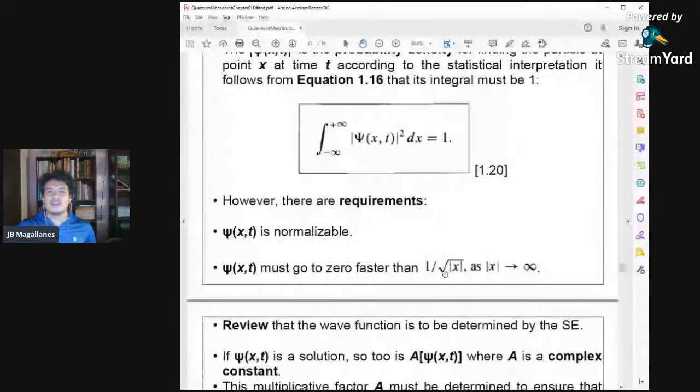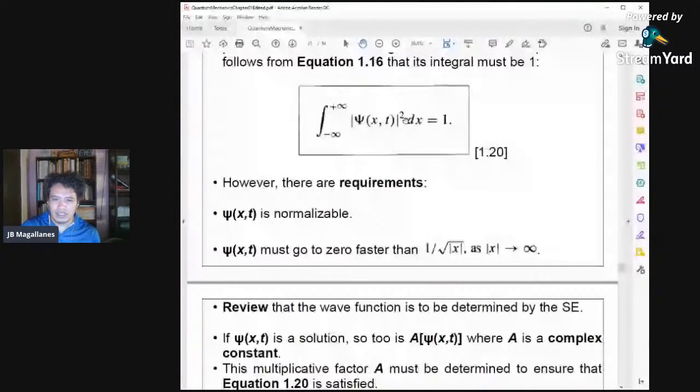However, there are requirements to this. There is a requirement on the wave function. The wave function must be normalizable. What is that? Let's talk about that later.